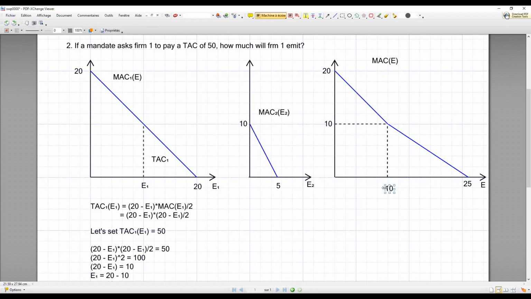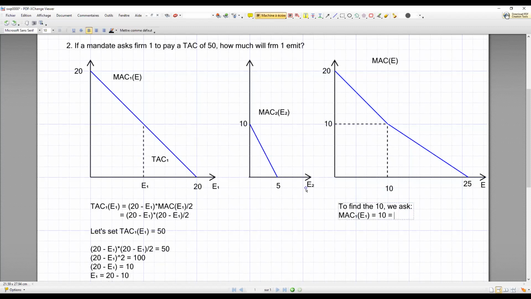So how do you find it? Well, you ask yourself, when we reach 10, how much is firm 1 abating? To find 10 there, the MPC equals 10.